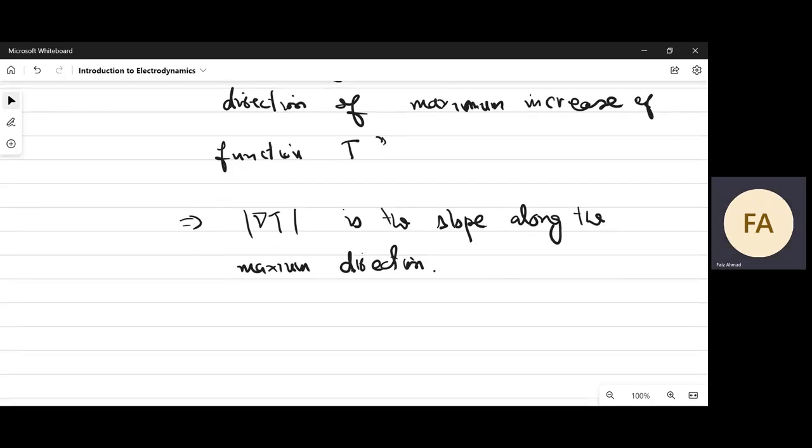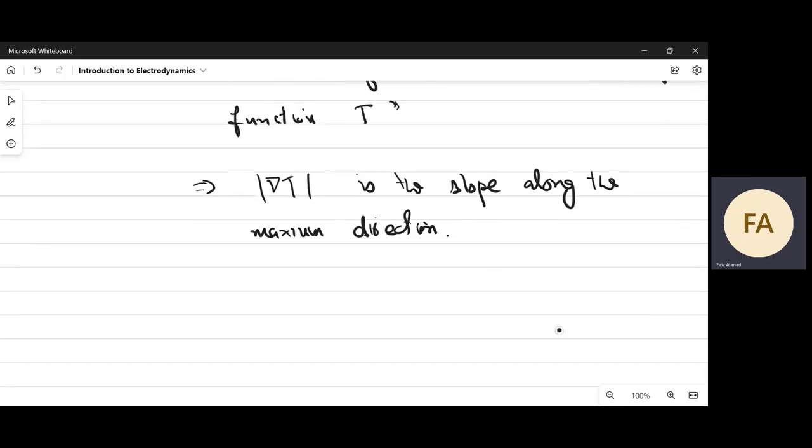So if you imagine that you are standing on a hillside, the steepest ascent is in the direction of delta T, the gradient, and the slope in that direction is in fact the magnitude of the gradient.